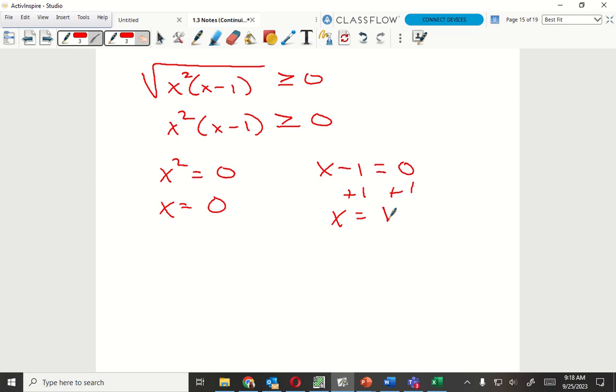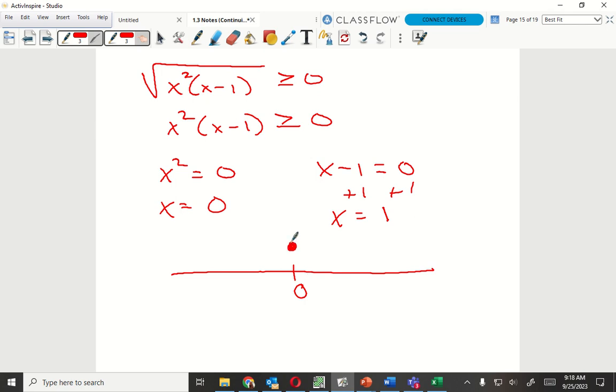So for this one, I'm going to look at my number line. Is there anything here that I plug in that is going to give me a number less than 0? I know at 0, it's going to give me 0. So 0 is okay. That's going to give me a closed dot right there.